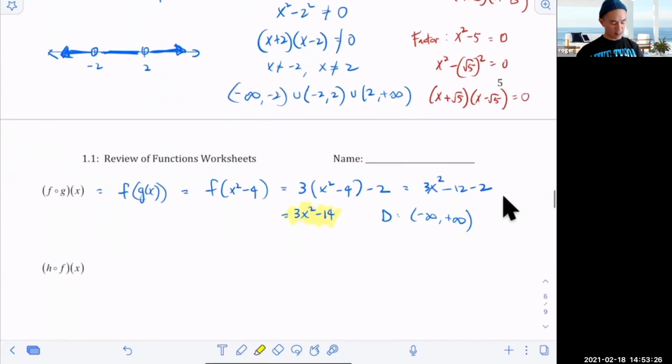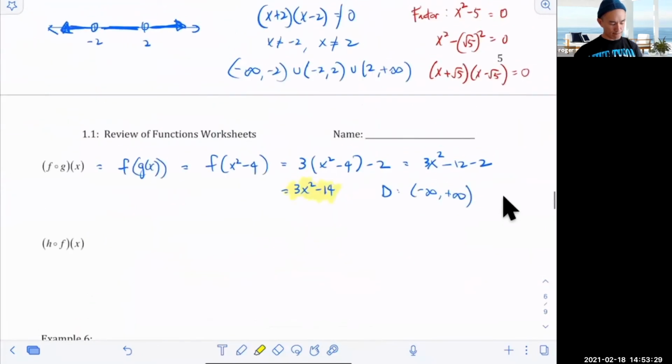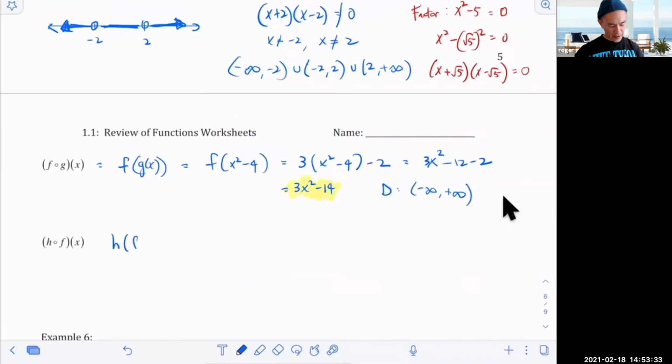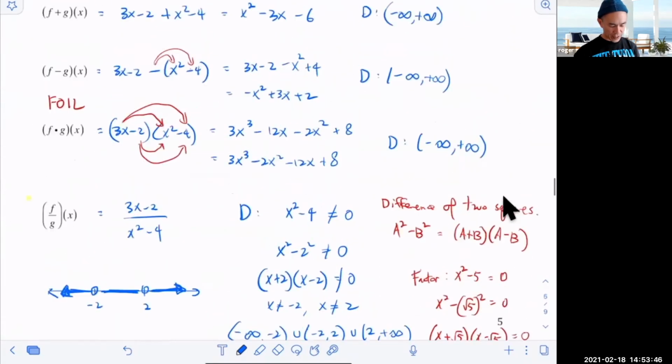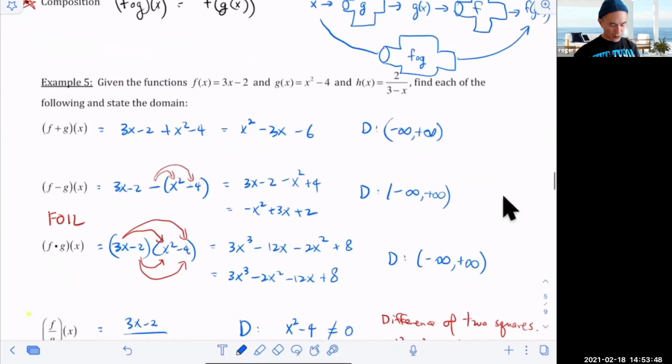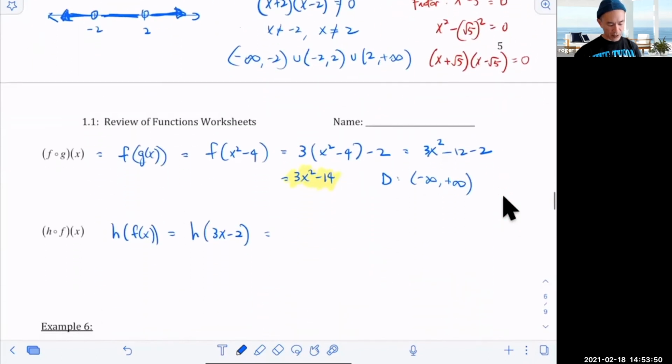All right. Let's do this last one. So we got h of f of x, right? And we got to write down what f is. So f of x was 3x minus 2, like this. And this is the first time we worked with h. So let's take a look at what h is. h was 2 over 3 minus x. So this will be 2 over 3 minus, and then I got to write whatever I put in there.